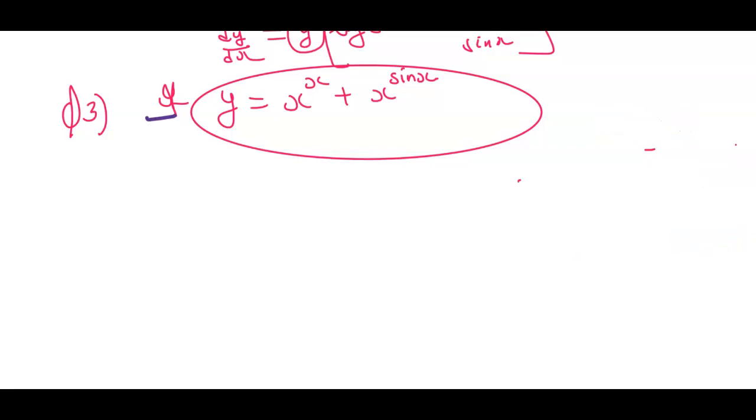And in the last 5 years it has come almost 3 times, to the best of my knowledge. What we basically do, we bifurcate. We say let v be equal to x to the power x and u is equal to x to the power sin x.